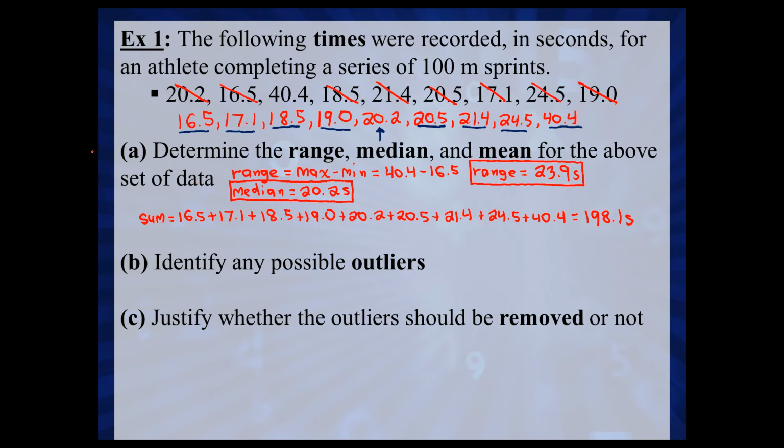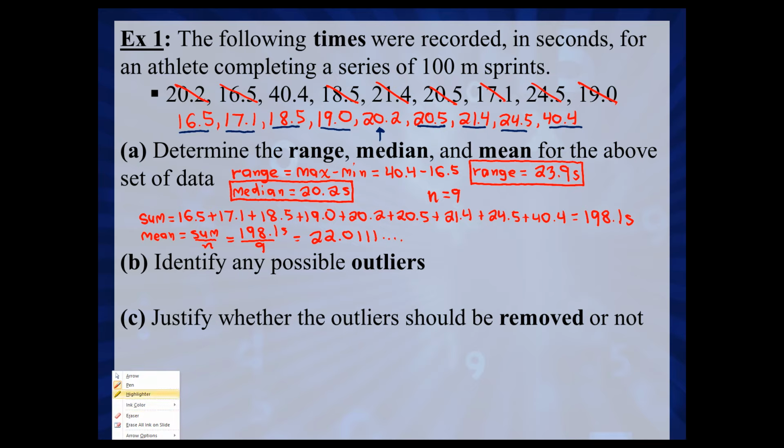To calculate the mean, it is equal to the sum divided by n. N is the number of values in the data set. In this case, n would be equal to 9 data points: 1, 2, 3, 4, 5, 6, 7, 8, 9. So we take the sum, which is 198.1 seconds, divide by 9, and I get a repeating decimal number, 22.0111, and it keeps repeating.